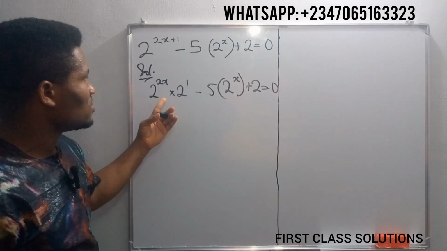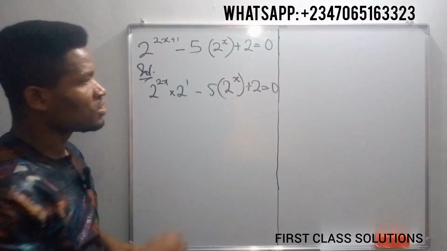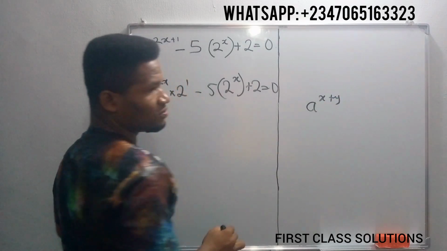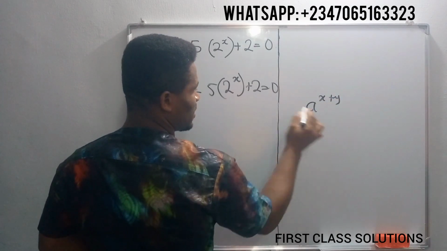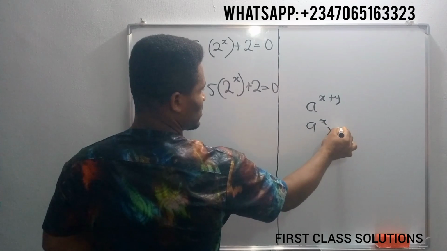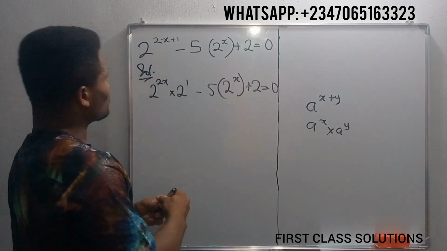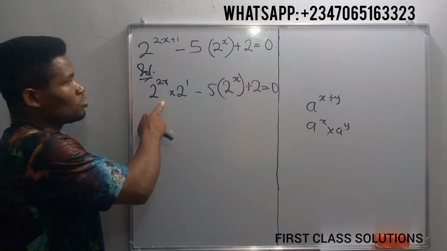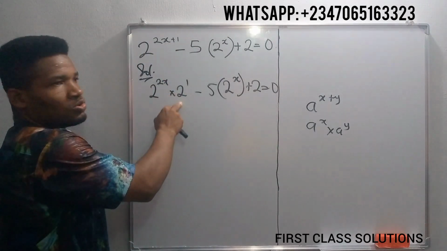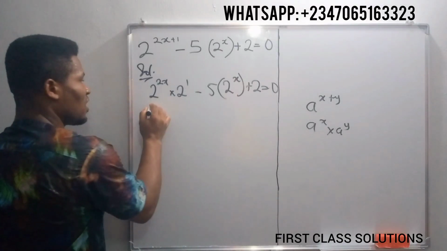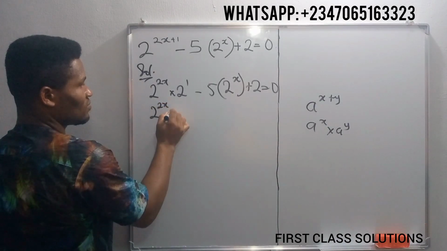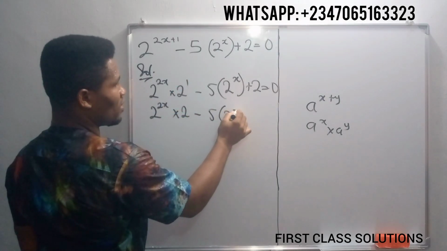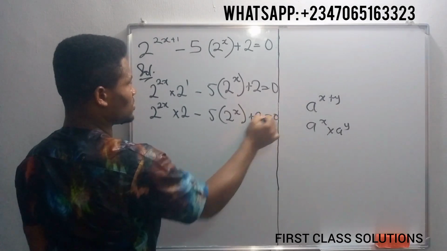This is actually the law of indices that we followed, which states that if a power x plus y is given, it can be rewritten as a power x times a power y. So in this case, we have 2 power 2x plus 1, which was rewritten as 2 power 2x times 2 power 1. So going further, we have 2 power 2x times 2 power 1 is 2, minus 5 into 2 power x plus 2 equals 0.